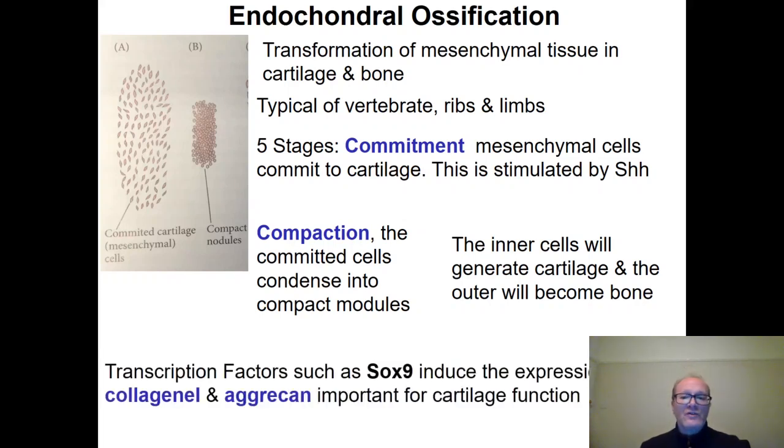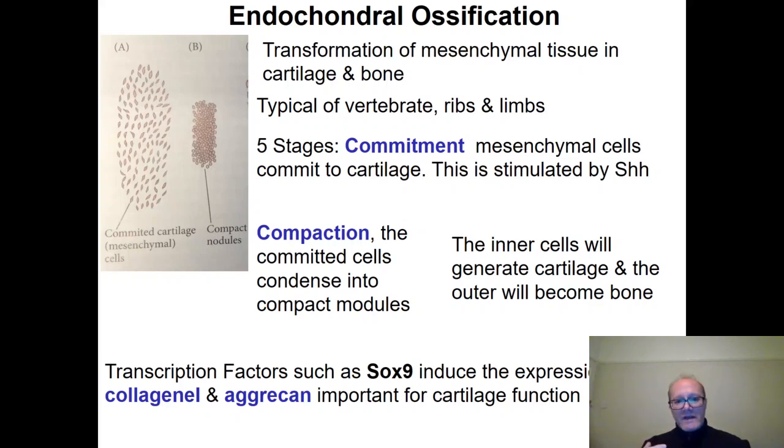This should not surprise you, but some of the transcription factors that are important for the formation of cartilage are SOX genes, and in particular SOX9. SOX9 is one of the proteins that is extremely important for the formation of cartilage. It induces the expression of collagen and aggrecan that are extremely important for cartilage function.